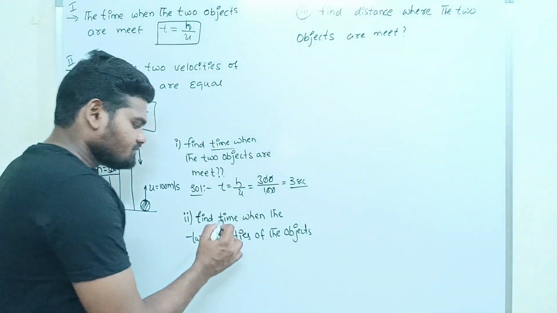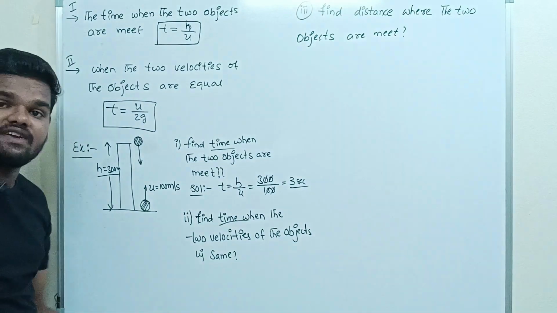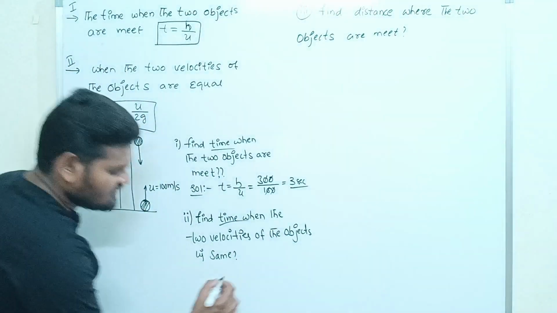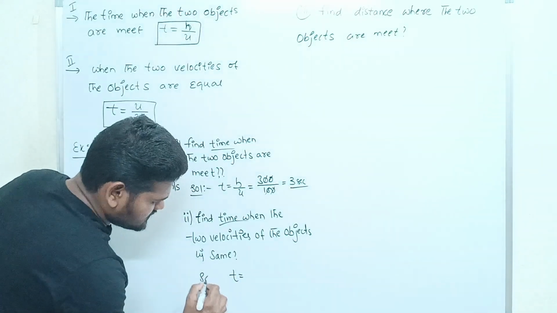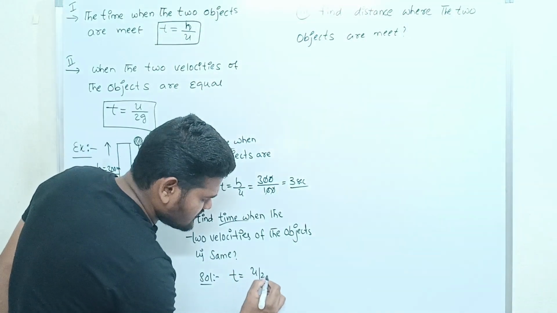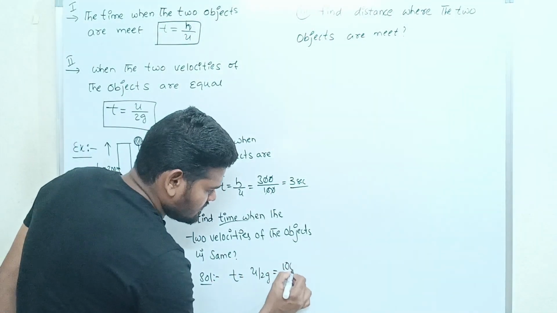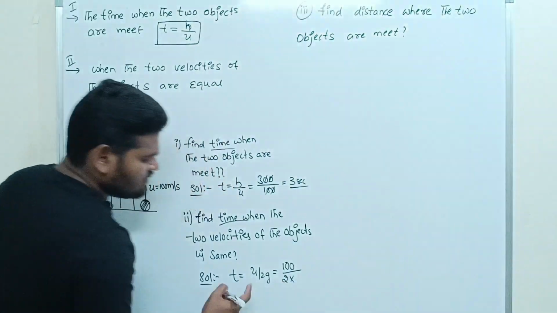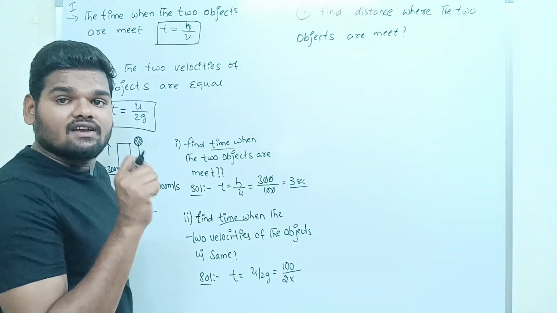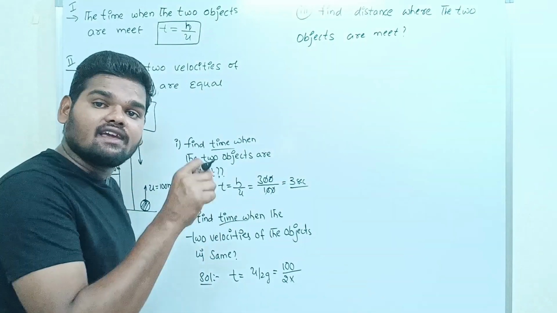Now, find the time when the two velocities of the objects are the same. We have the formula t is equal to u by 2g. The value of u is 100, divided by 2 into g, the acceleration due to gravity. You can take 9.8 or 10; both give nearly the same answer.